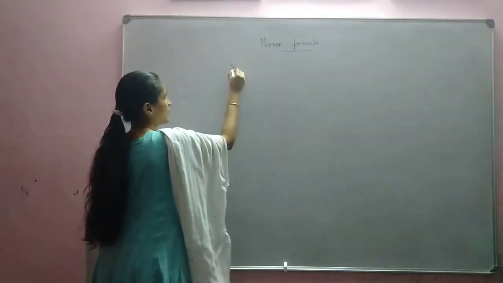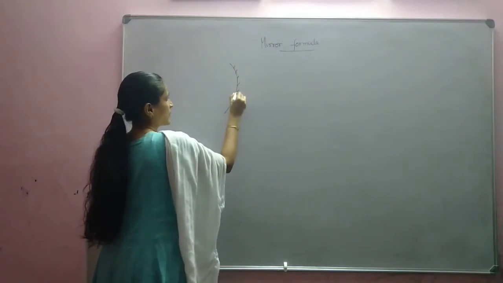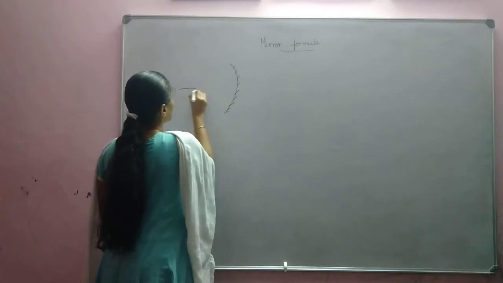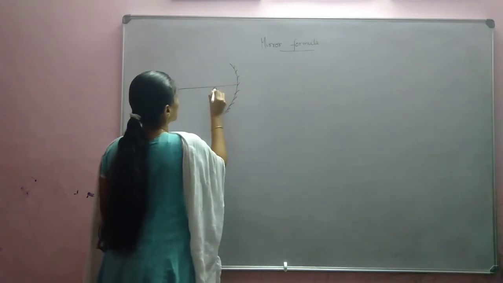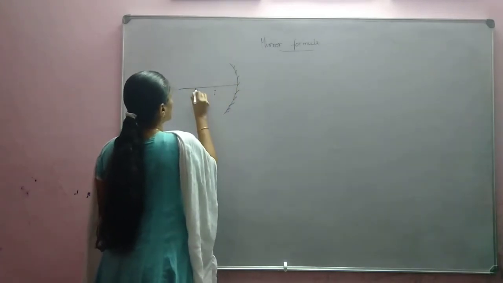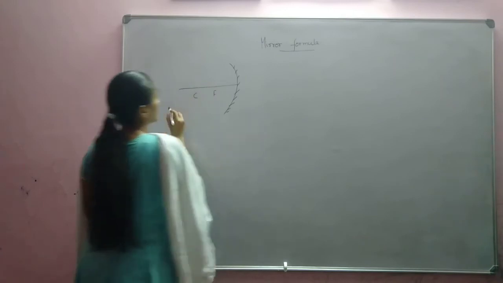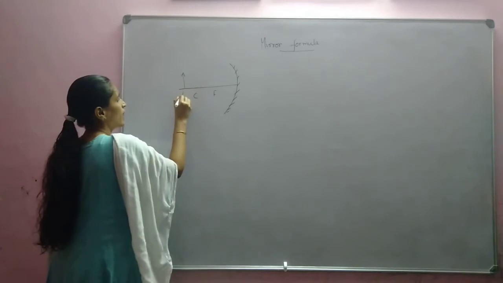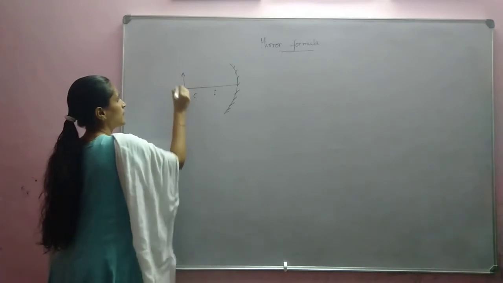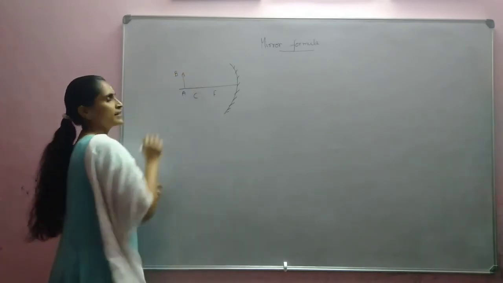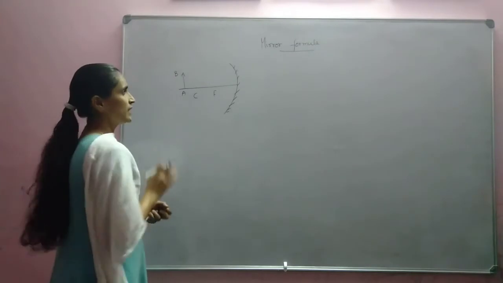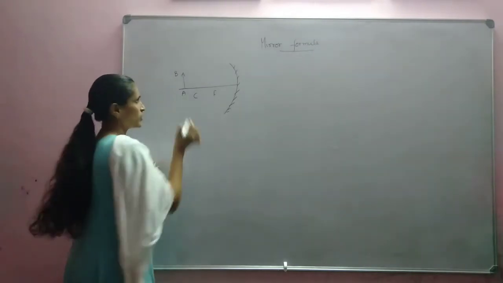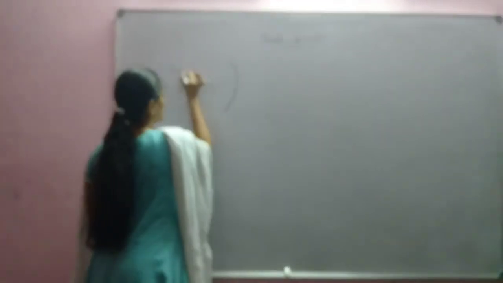We are considering an object kept beyond C. Here it is F, C. An object AB is kept beyond C of a concave mirror. To get the image, we already discussed that a minimum of 2 rays are needed.